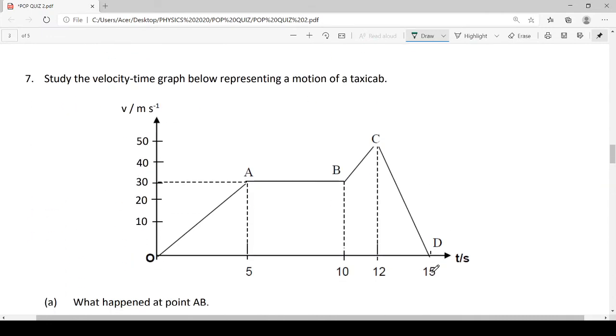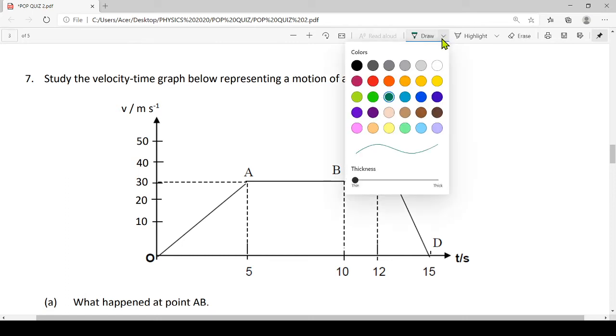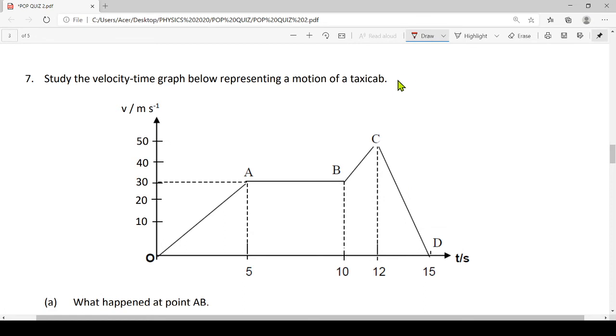Okay, we go to question number 7. Now we are given a velocity time graph. What does the gradient give us? Gradient is y over x.